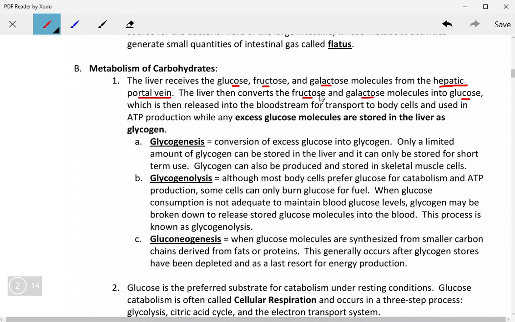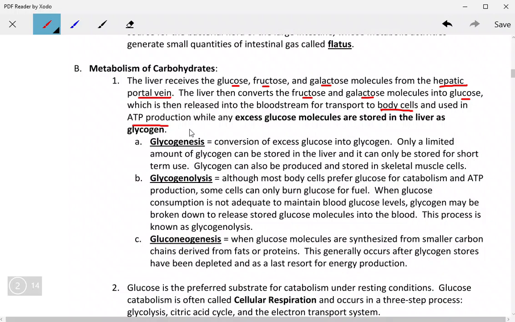So the liver will release the glucose into the bloodstream to be transported to your body cells, and your body cells will then use the glucose to produce ATP. So this is the general process. This is the metabolism of carbohydrates within the body.